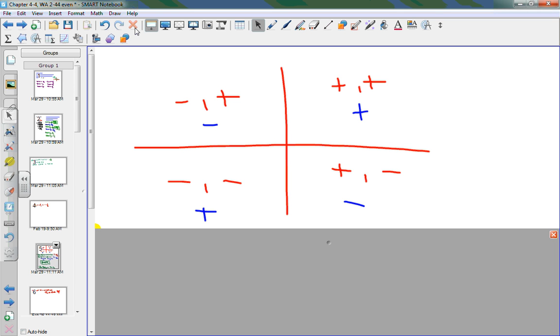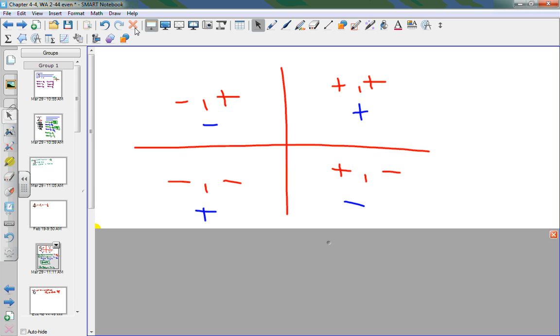The sine and the cosine value, the actual positive or negative aspect of sine and cosecant, cosine and secant, are always the same. We understand that. If cosine is positive, secant is positive. If sine is negative, cosecant is negative.